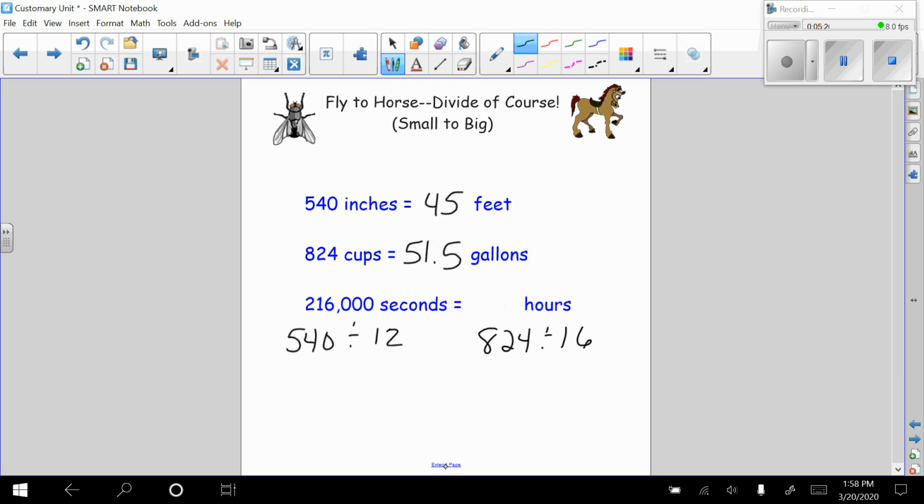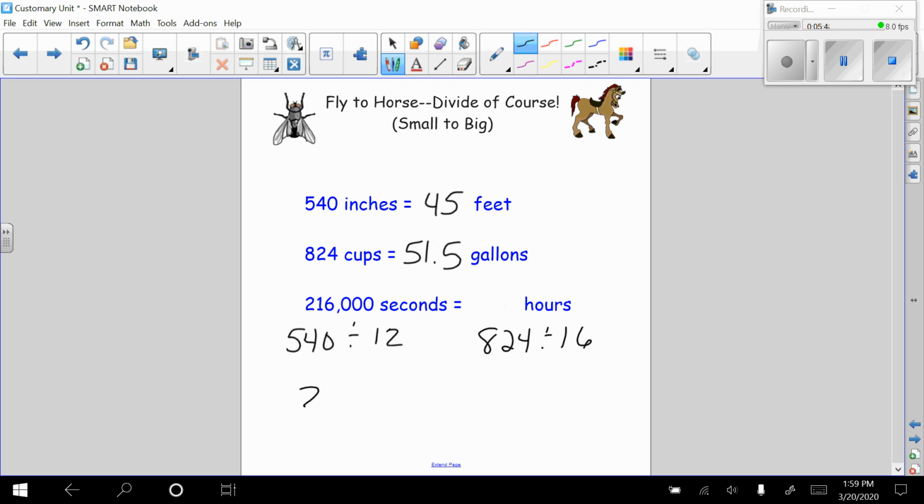Now let's go the other way for seconds to hours. Again, knowing what we know, how many seconds are in 1 hour? So how do we do that? So start out at the beginning. First, we're going to divide it by 60, because there's 60 seconds in 1 minute.